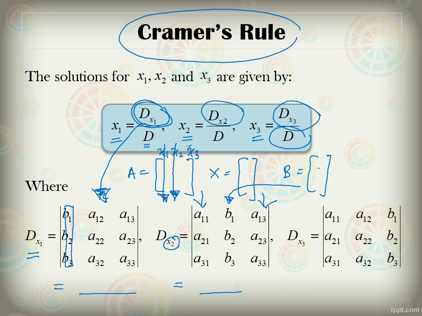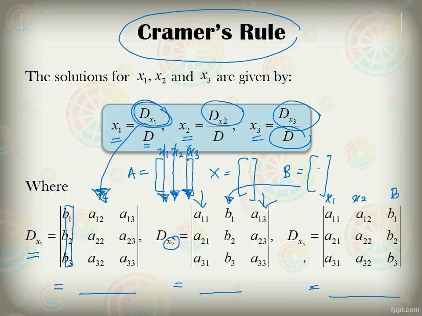So you delete all the elements for x3 here and replace them with B. So you get this matrix. See, x1 remains, x2 remains, and this is B. And then find the determinant as usual.